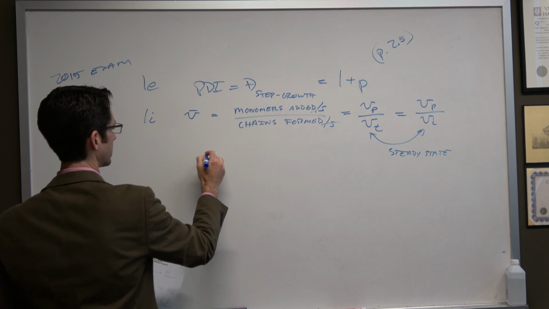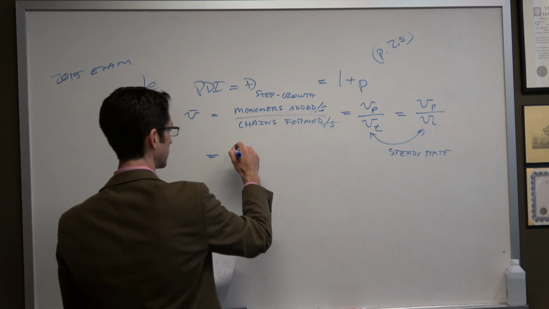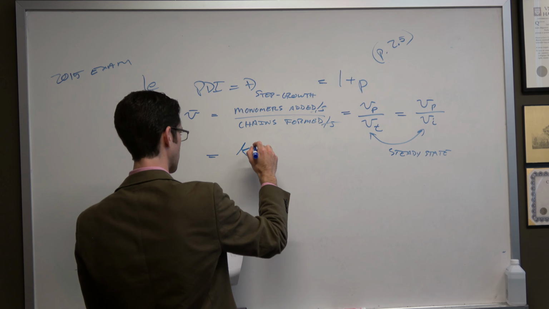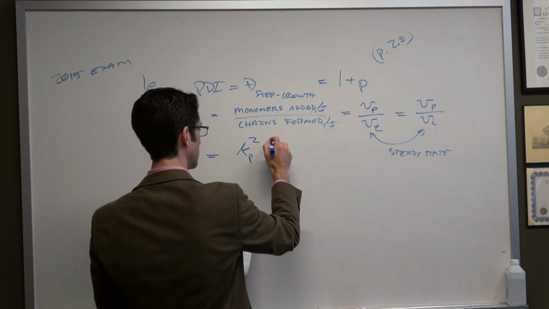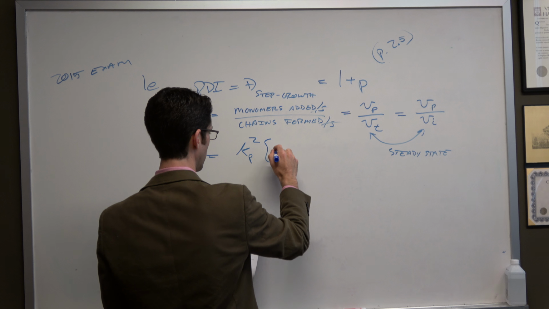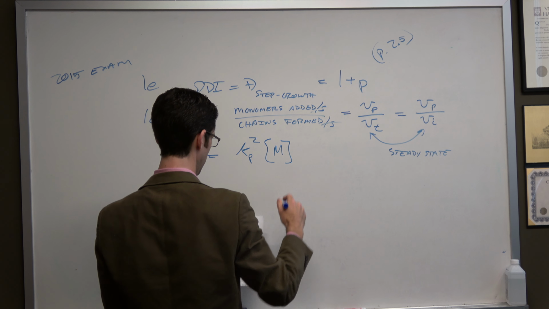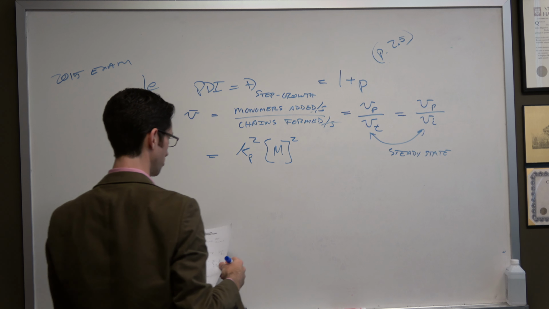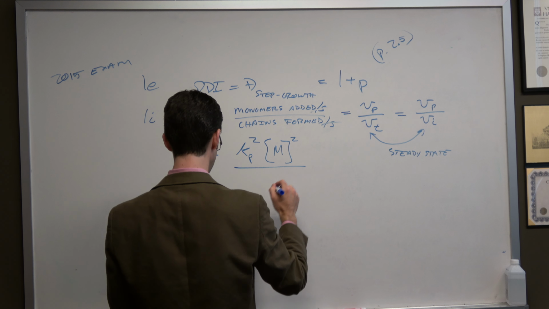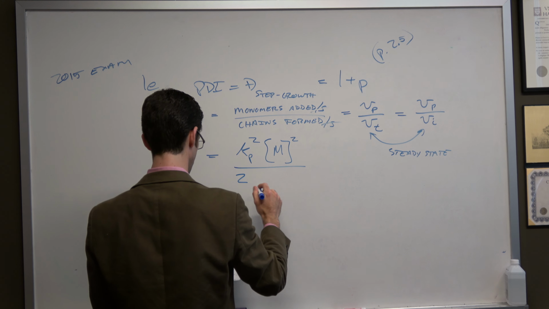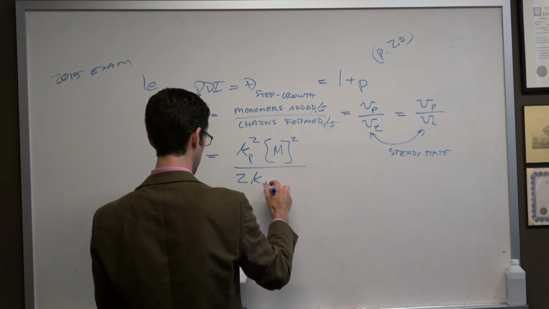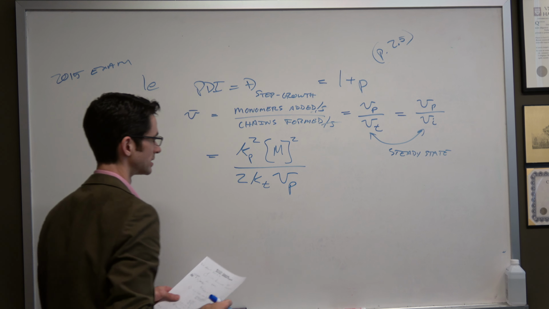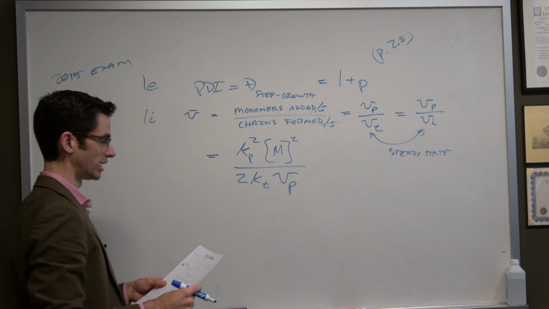And the kinetic chain length, if we use our kinetic expressions, or our rate laws that we derived in class, then we have the rate constant of propagation times the concentration of growing chains over 2 times the rate constant of termination times the rate of propagation.